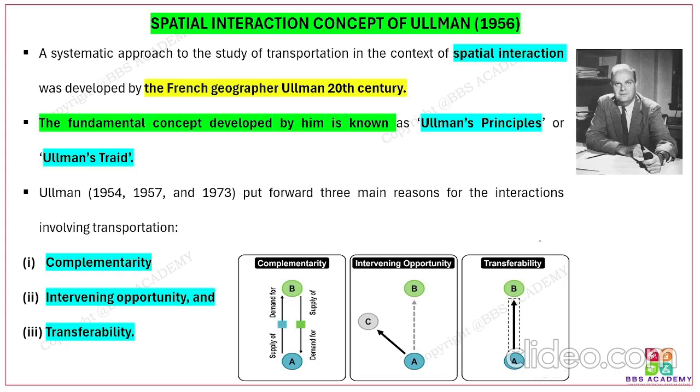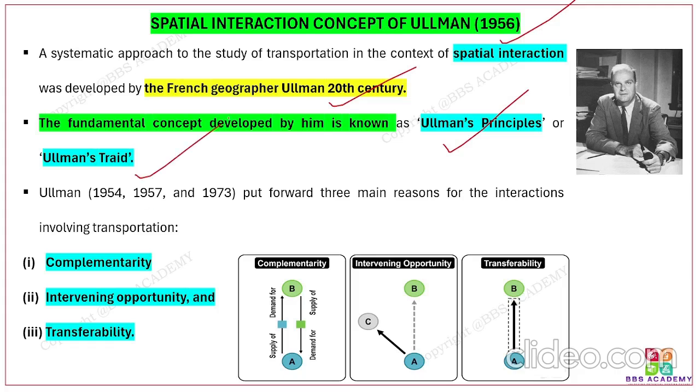If we go to the spatial interaction concept given by Ullman, Ullman was a French geographer, and this model was given in the 20th century, in 1956. The fundamental concept called spatial interaction, given by Ullman, is also known as Ullman's principle or Ullman's thread.